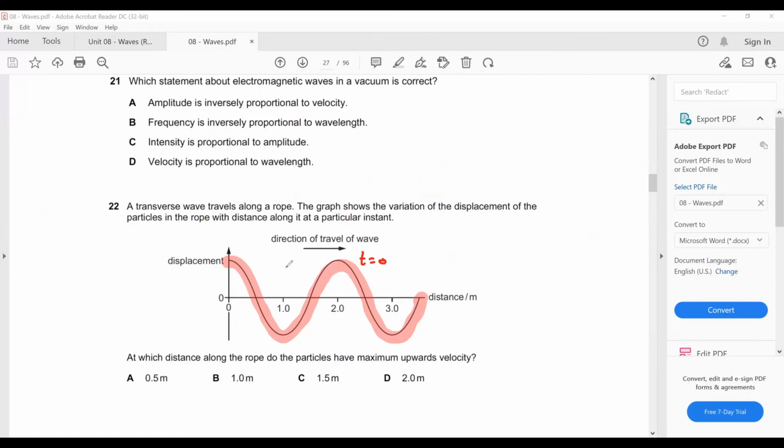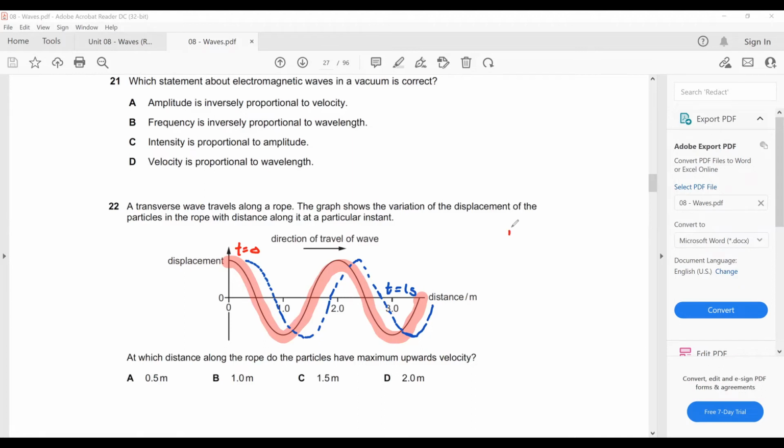At the next instant of time, this wave profile could probably be somewhere around here already. Okay, let me just draw it nicely here for you. This one could be where this one is at t equals 1 second. This one was t equals 0.